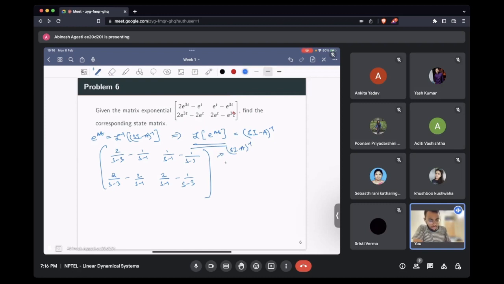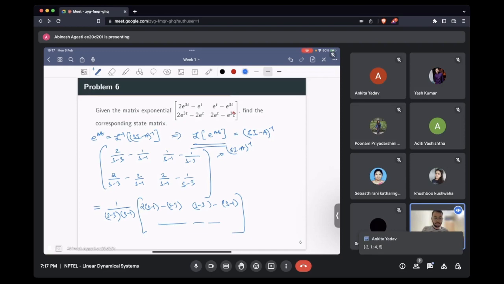Now we'll take its inverse to find out sI minus A. Or maybe a better way to put this would be we can write this as s minus 3, s minus 1 into 2, s minus 1 minus s minus 3, s minus 3 minus s minus 1, and so on. Okay, we can put this up.